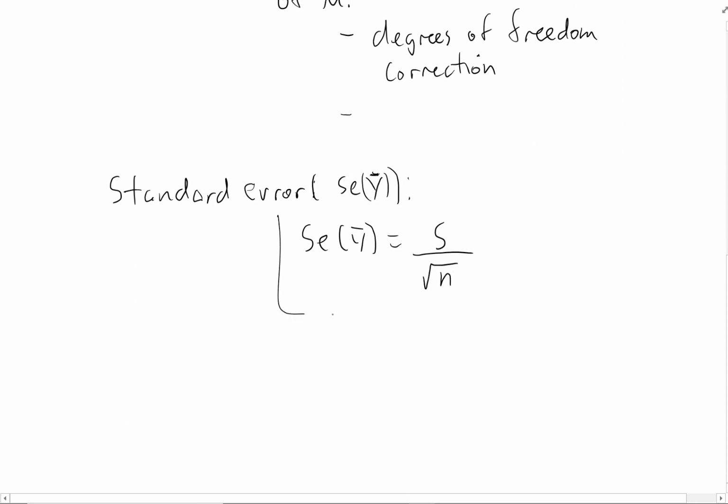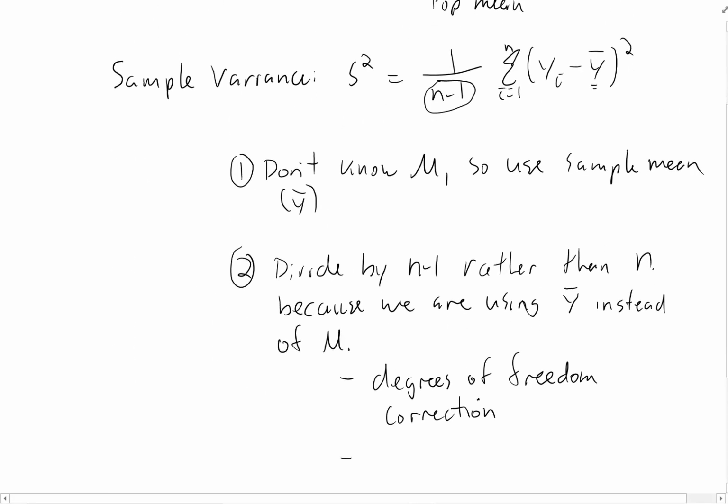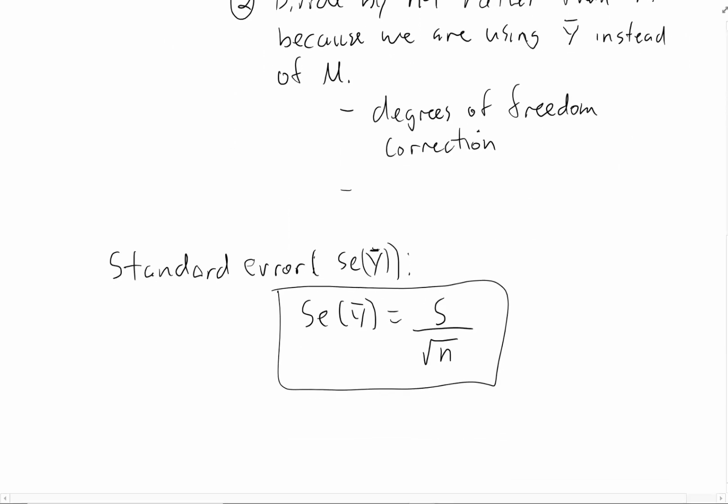So this is our formula for the standard error of y bar. We're going to need to use this when we calculate our test statistics and perform our hypothesis testing. As we said, we often don't know the population variance, so what we end up using is the sample variance, and we define the standard error as the square root of this sample variance divided by the square root of n, where n is the sample size.